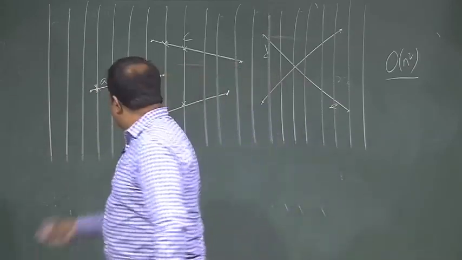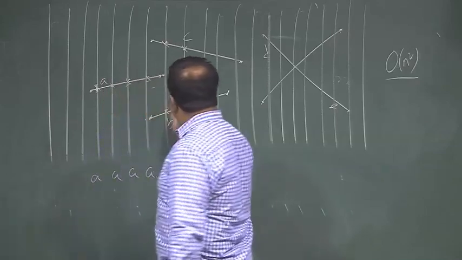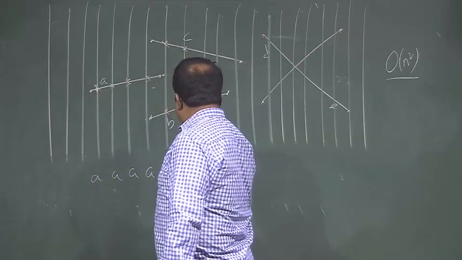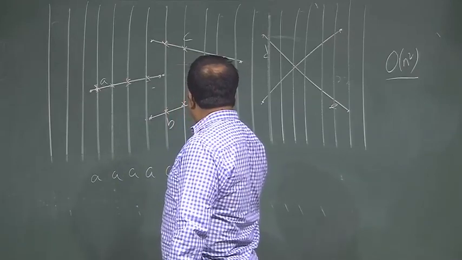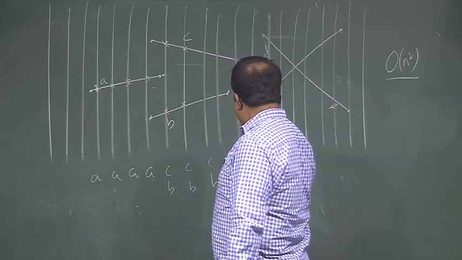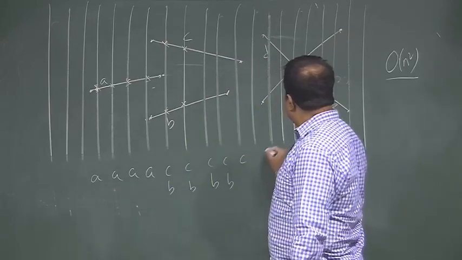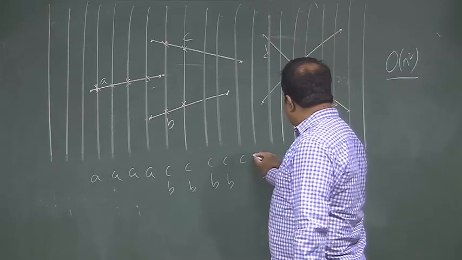So this is basically A, then A is finished. So this is CB, this is also CB. Now B is finished, this is only C, and here nobody is there.